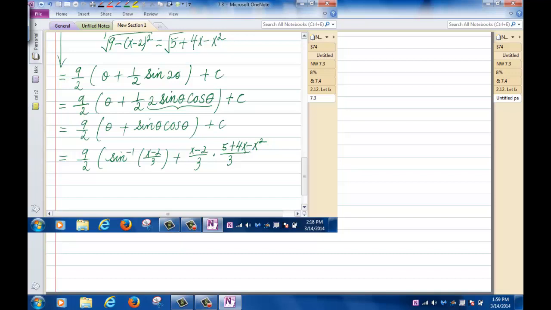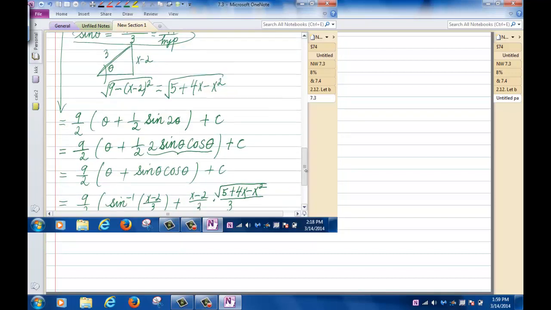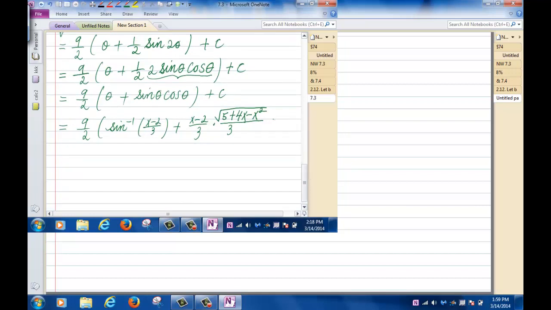Is that okay if we kept it in? Yeah, that would be fine as well. Plus the C. I'm not going to bother to simplify it anymore, but you can see 3 times 3 would be a 9 and so on. So I'll just leave it as it is.